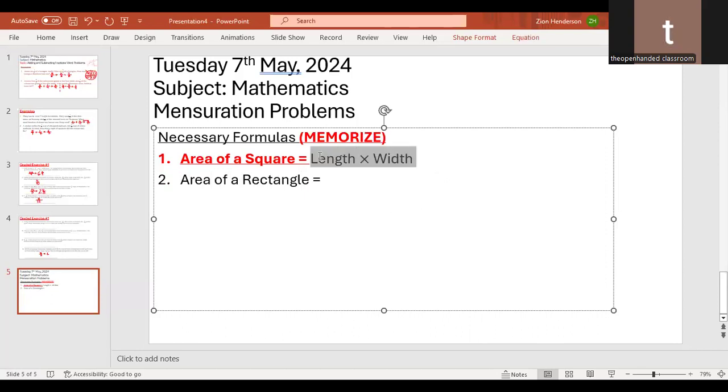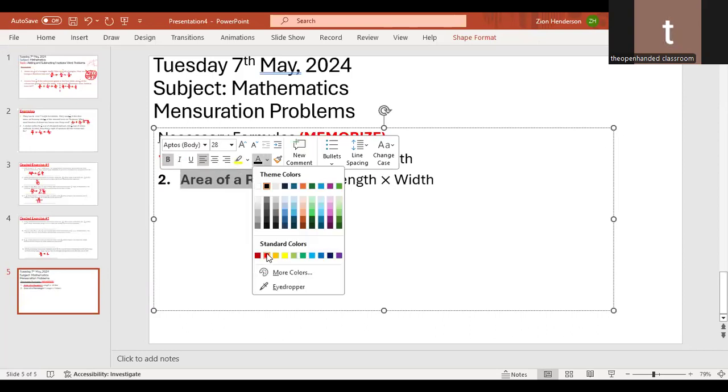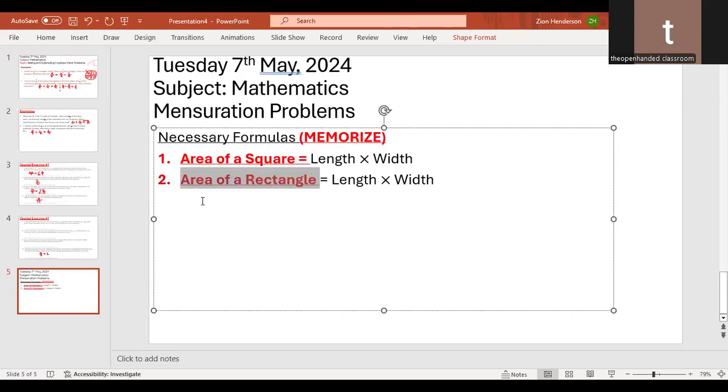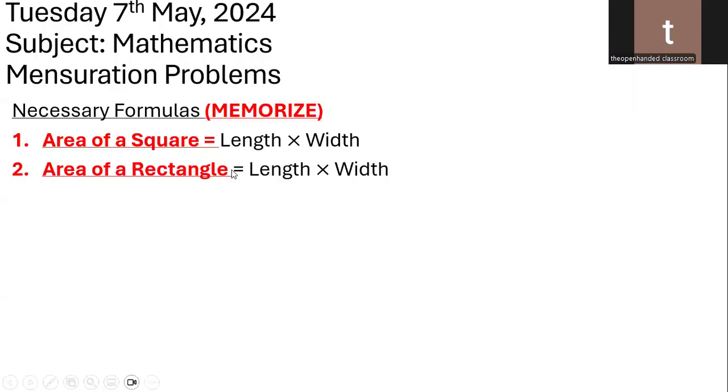The same thing. So the area of the rectangle and the area of the square is the same thing, length times width. If we're trying to figure out the area of the square, we do length times width. If we're trying to figure out the area of the rectangle, we do length times width.